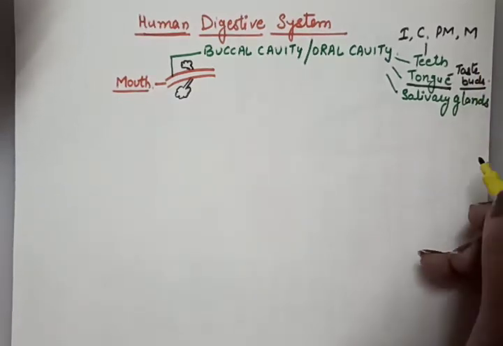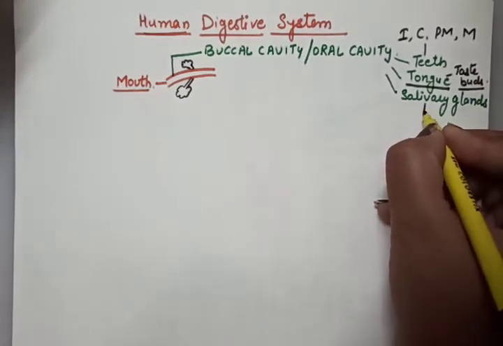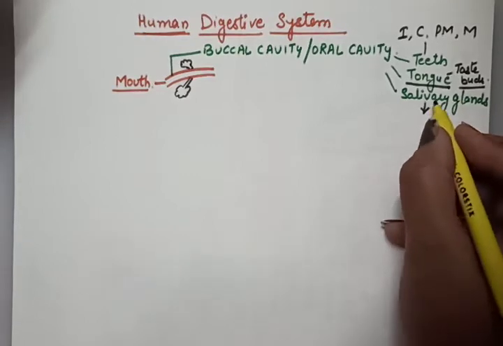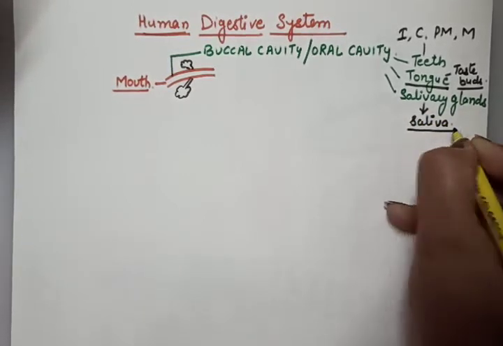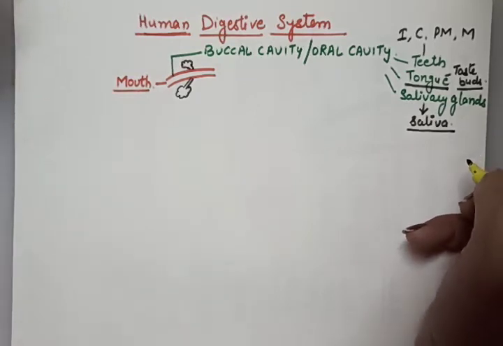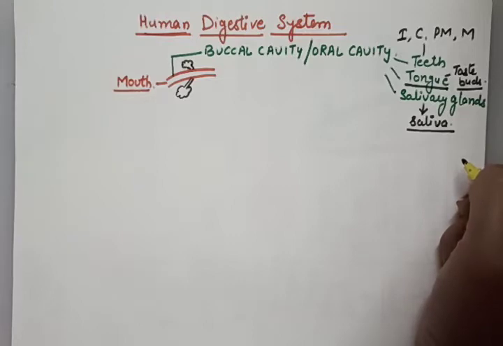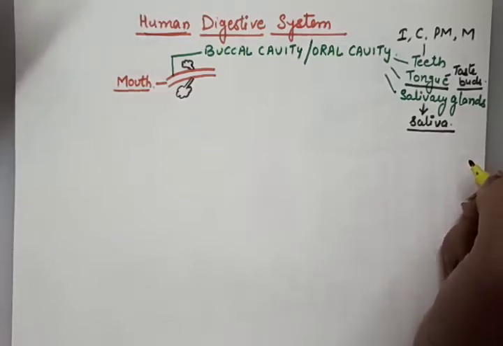Okay, and what is the saliva? It is the liquid that is secreted by salivary glands. The salivary gland secretes saliva. Okay, that is the water. When you think of any food item, so your mouth starts watering, so that water is called saliva.